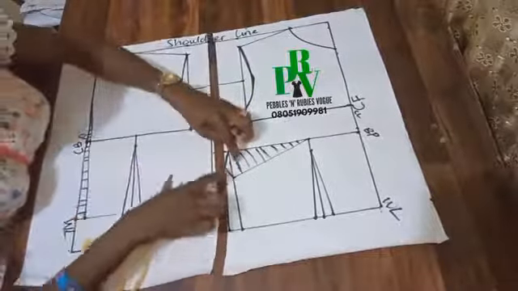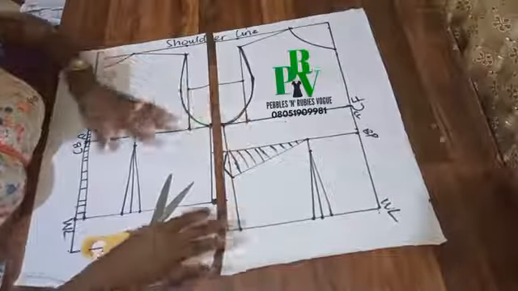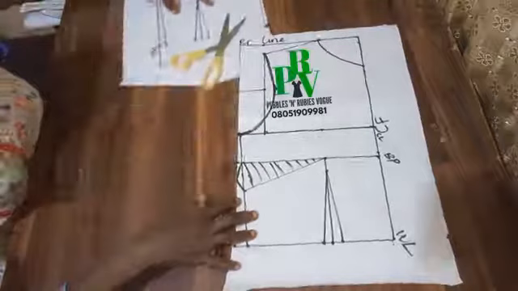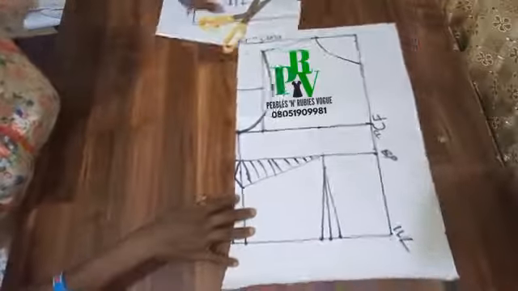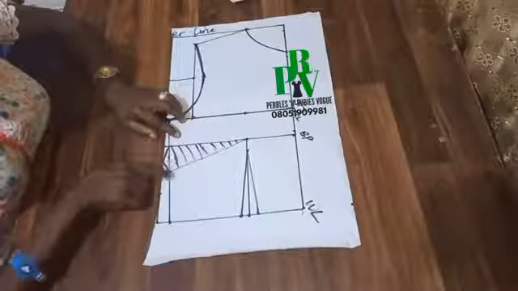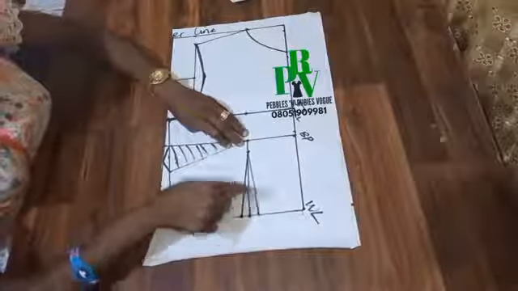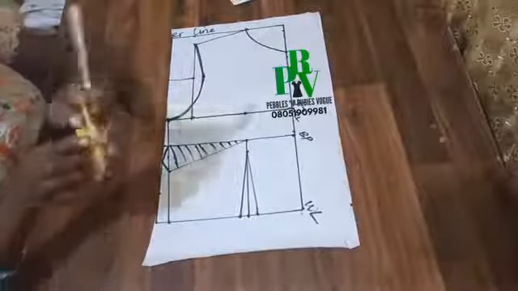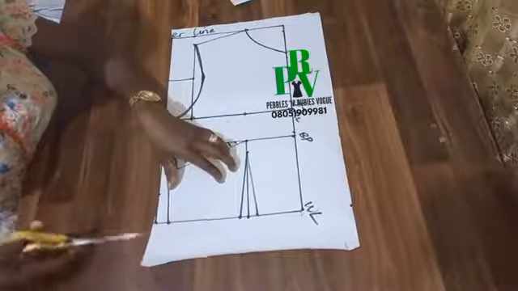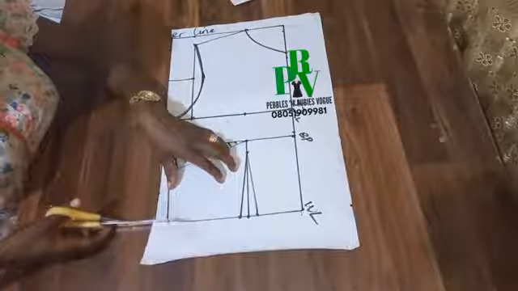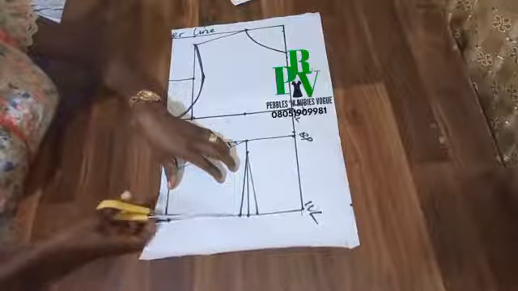And then before cutting out the measurements on the front block, we'll close our bust dart. But before we can close the bust dart, we need to open up. Before you can close up a dart, you have to open up another.